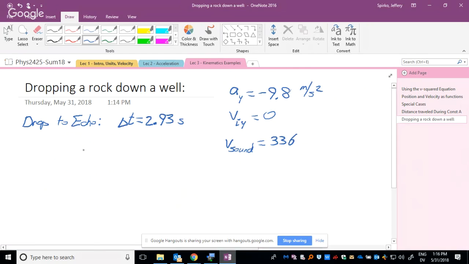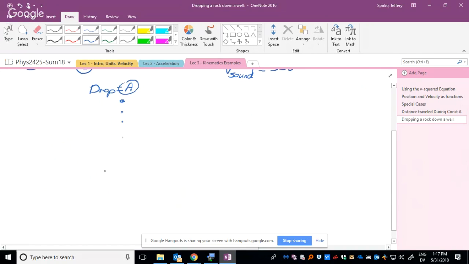So this is kind of like an A to C process. So we have the process of dropping, and our object is moving slow, faster, faster, faster.